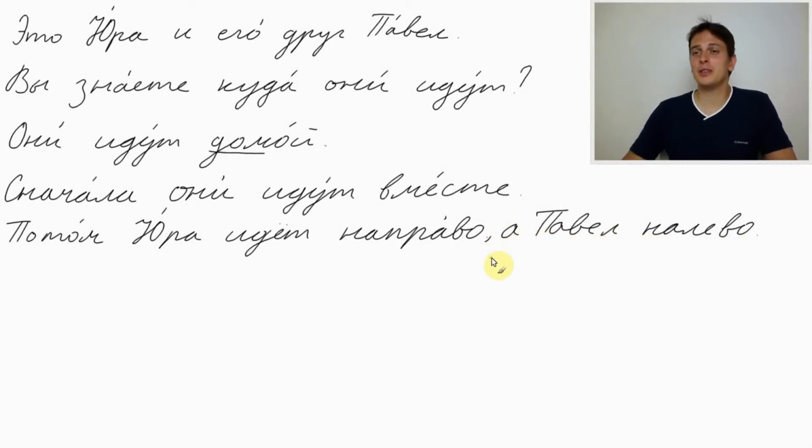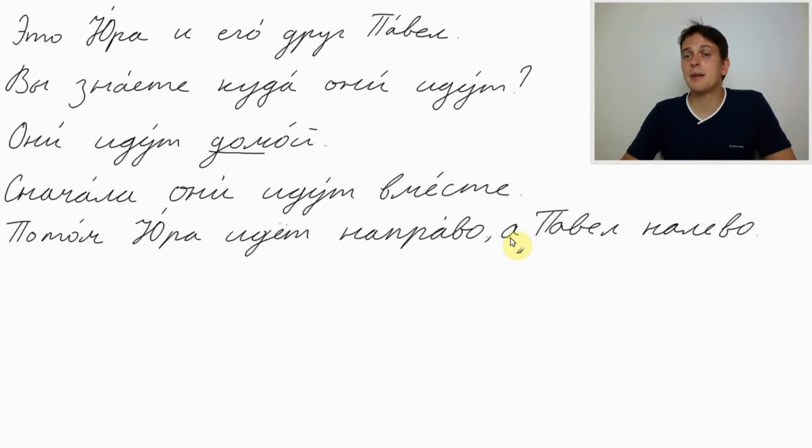So, what should we take here? We can remove идет, because it becomes a repetition. We know what the sentence is talking about, and because we add meaning we connect the meaning of the previous part of the sentence with the next one. So that's why we can remove идет. So, потом Юра идет направо, а Павел налево.